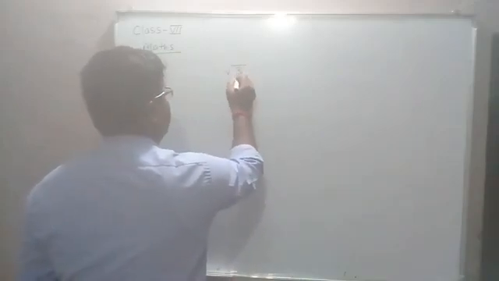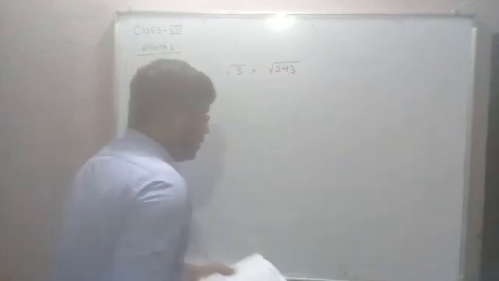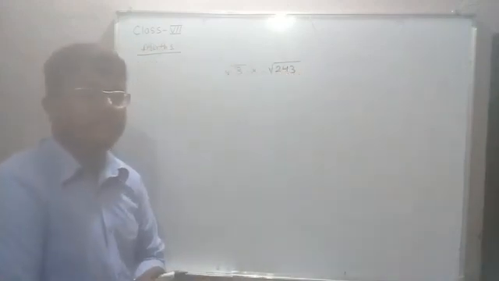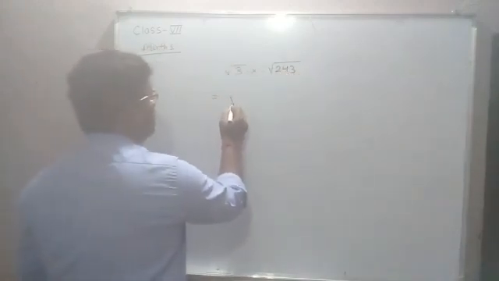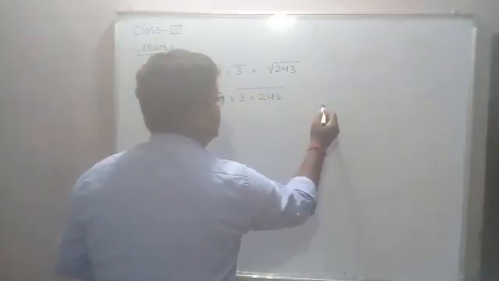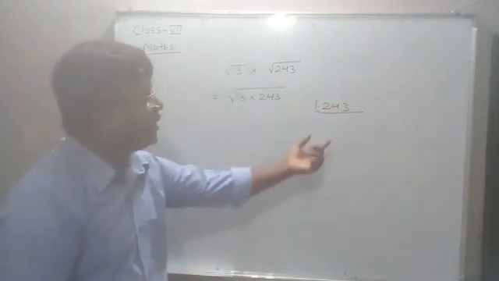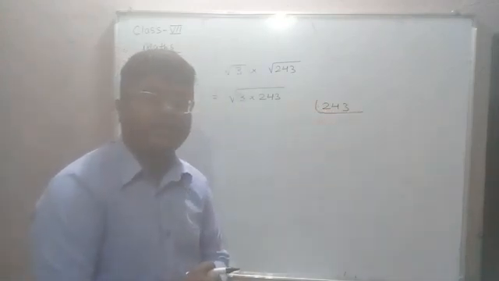Square root 3 into square root 243. For this we'll follow the same process. Under root 3 into 243, find the factors of 243. It is an odd number, so it cannot be divided by 2.